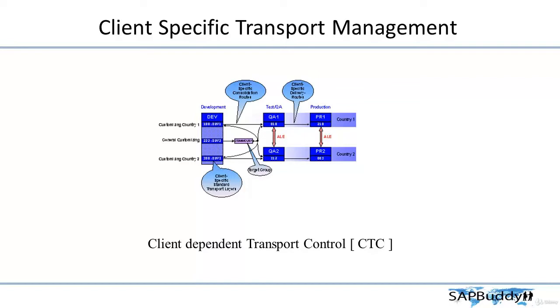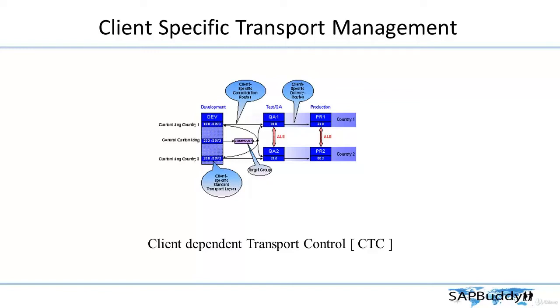So what happens is, as a TMS administrator or a basis administrator, if you import the transport into the target system, you need to specify which client you are going to import this transport into. We have also seen, when we selected the import, that we need to specify the client. So how do you determine which client this particular transport needs to be imported into?